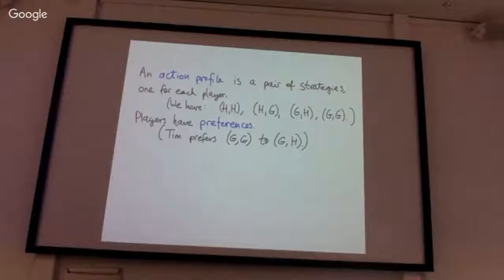And if there are 2 action profiles that Tim doesn't care which is better than the other, that's called indifferent. Okay, so Tim is indifferent between garden house and house garden.